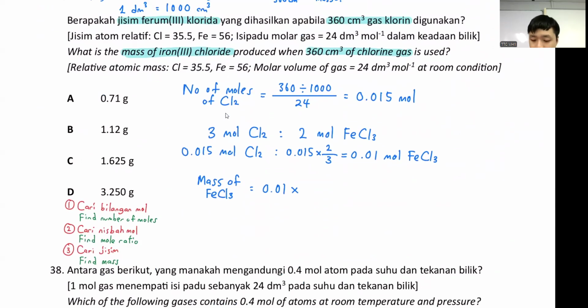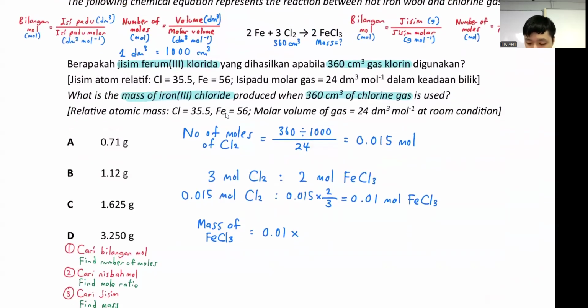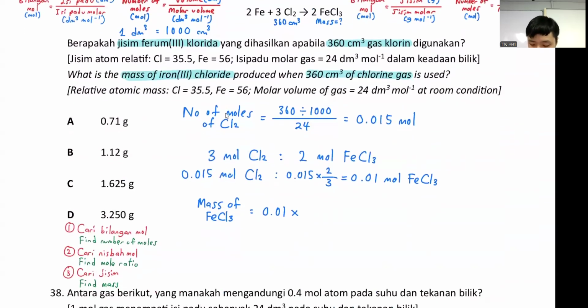Molar mass of FeCl3: 1 Fe is 56, plus 3 Cl, which is 3 times 35.5.